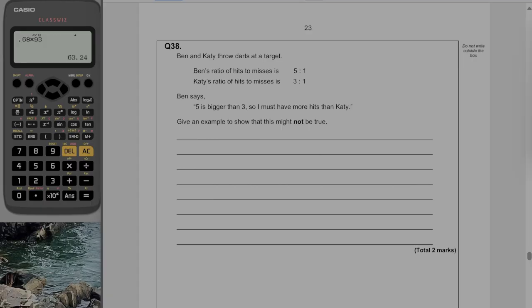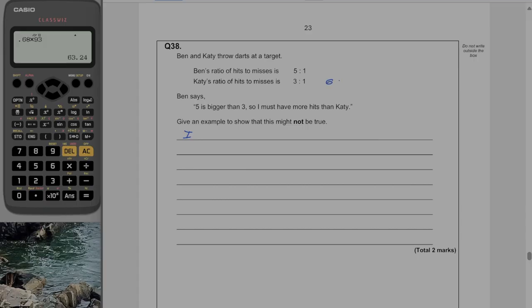So let's say Ben only threw 6 darts. Let's say though that Catty threw 8.